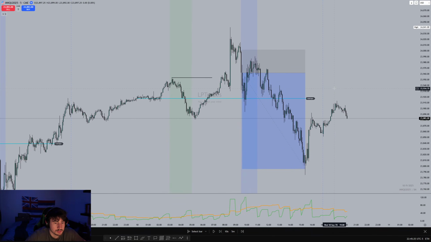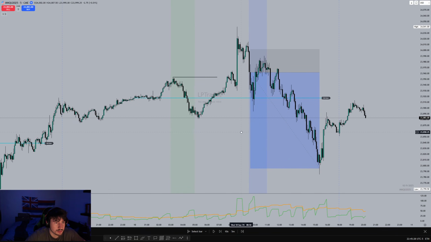Anyways, the ATR indicator does not go off either, which is good.